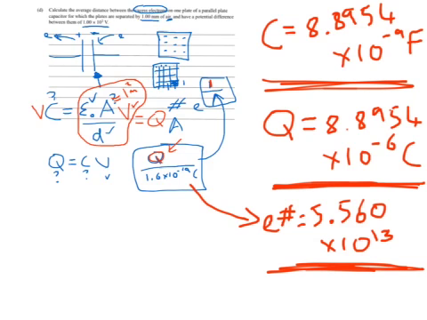So now we've got the number of electrons, we can find the area per electron by doing 1 divided by the number of electrons.